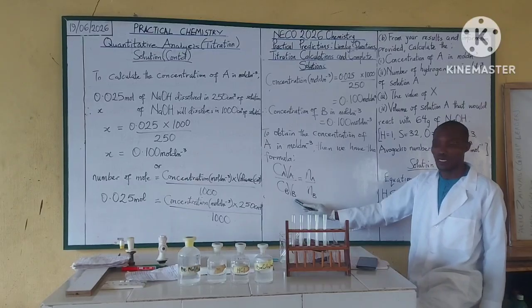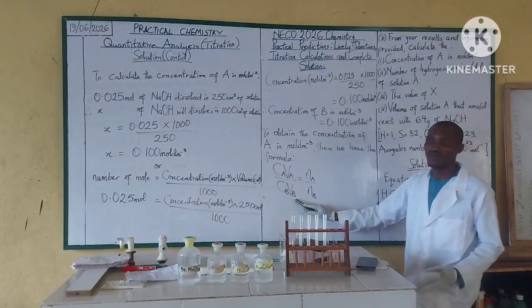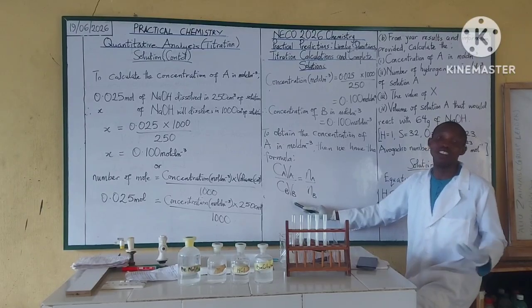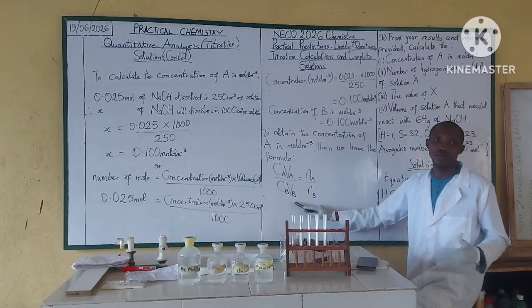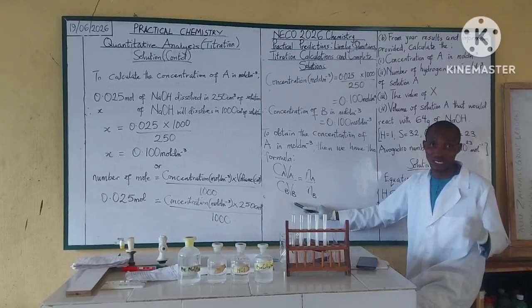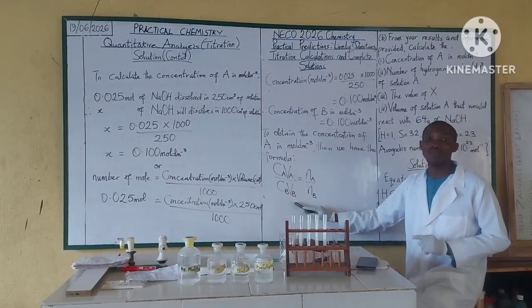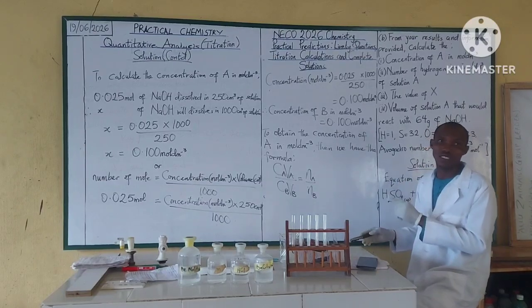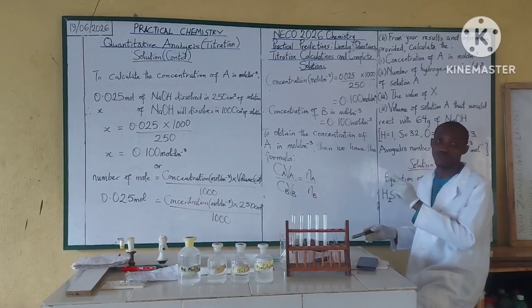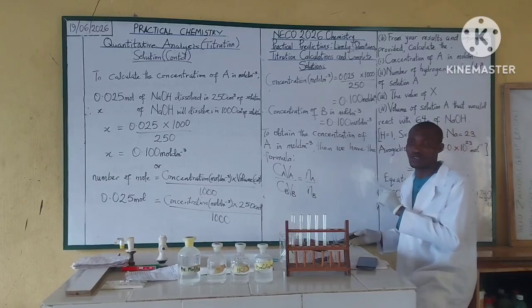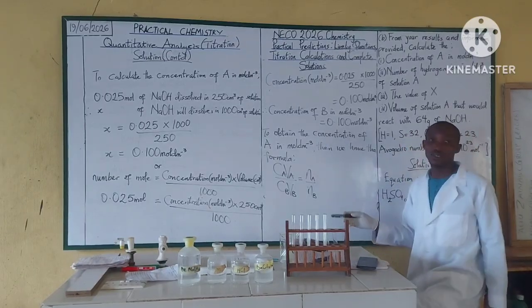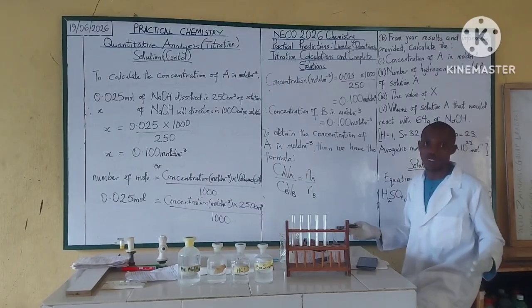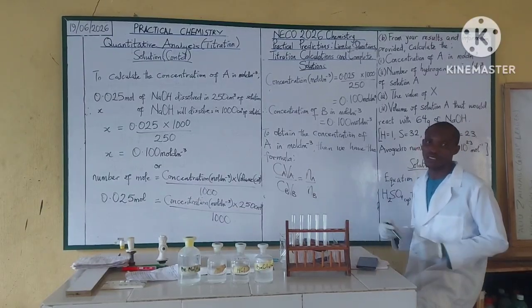And it's always 25.00 cm cube or 20.00 cm cube, depending on the center, because every candidate in the center must use the same pipette, and they have to record the volume of pipette given to them at the onset of the table of titration, then the indicator used. They have to record the two. Though there may be no mark for it, it is expected that candidates report that.